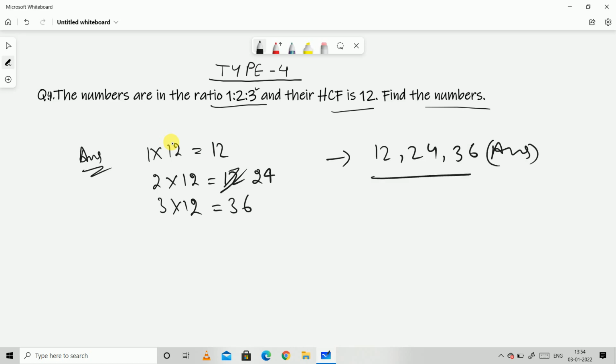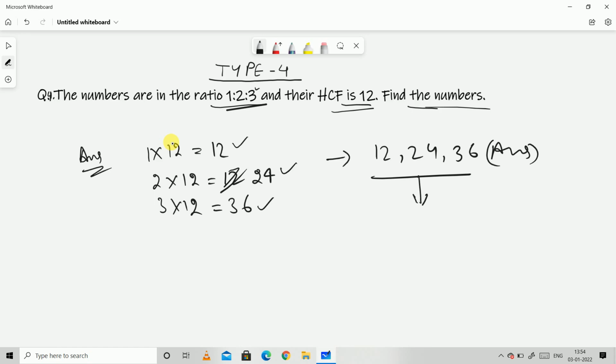It is asking you to find the numbers. There are 3 numbers whose HCF is 12 and the ratio of the numbers is 1:2:3. So they are asking you what the numbers are. So simply multiply this HCF with the respective ratios and the numbers that you get are going to be the numbers whose ratio is 1:2:3 and HCF is 12.